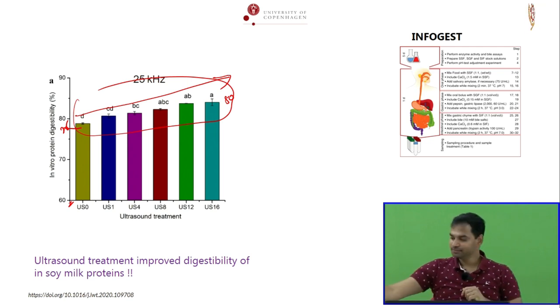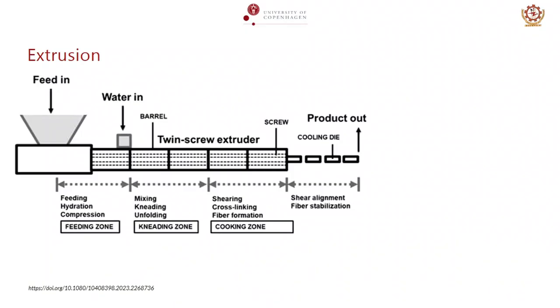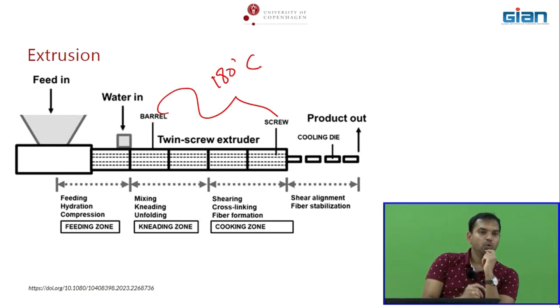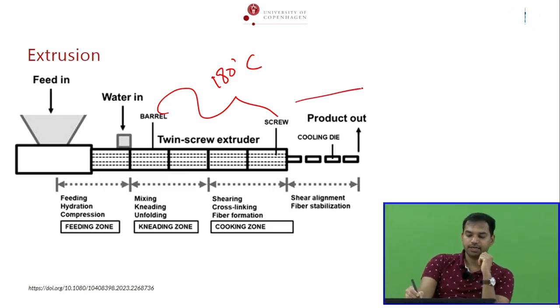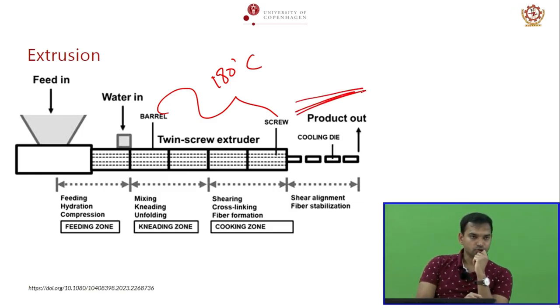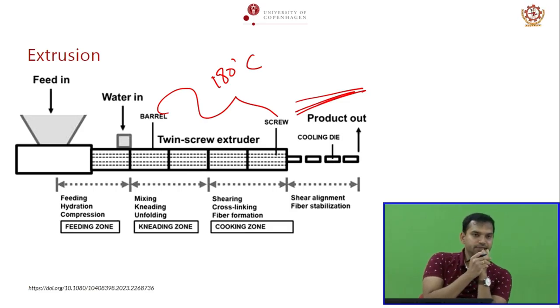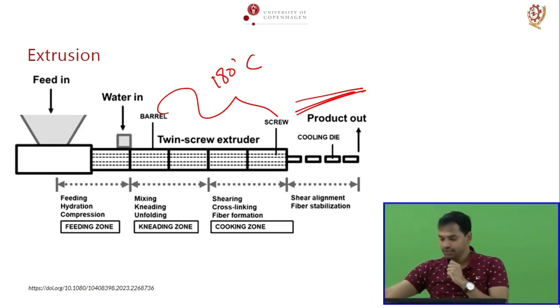Don't worry, okay? Extrusion, I have already taught what extrusion is. Extrusion is to get the meat analogs, the texture structure. Remember, in this region the temperature can go up to 180 degrees Celsius, and then you cool it here. So heating and cooling can change the protein structure. Protein can be denatured.